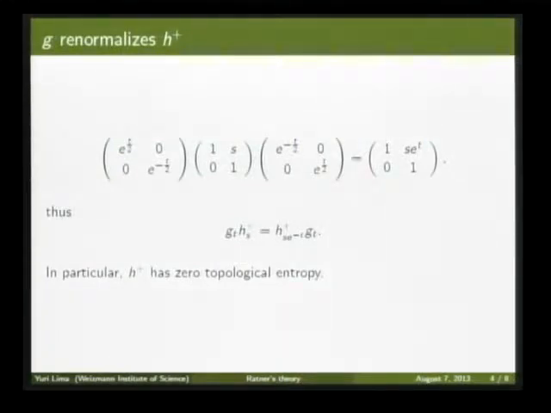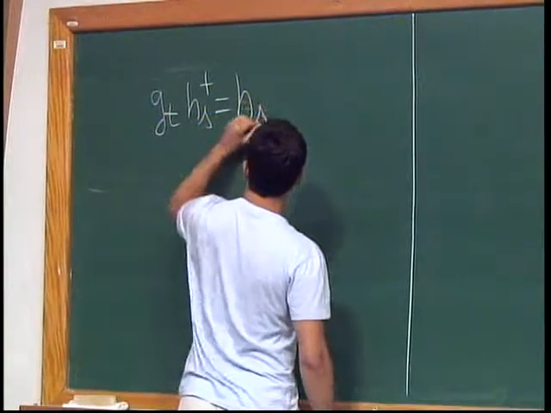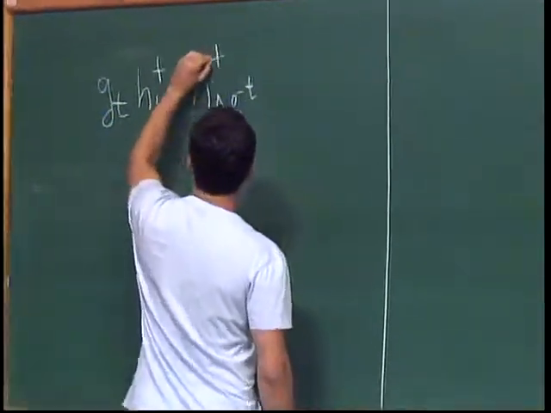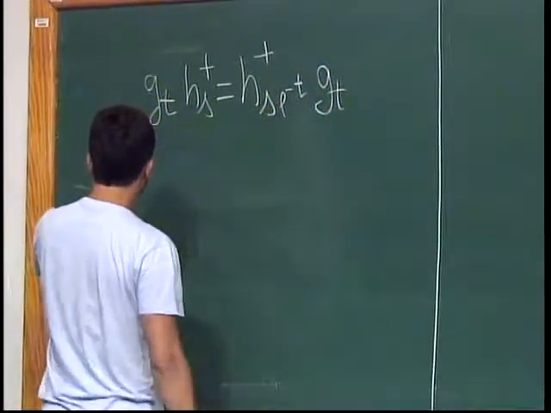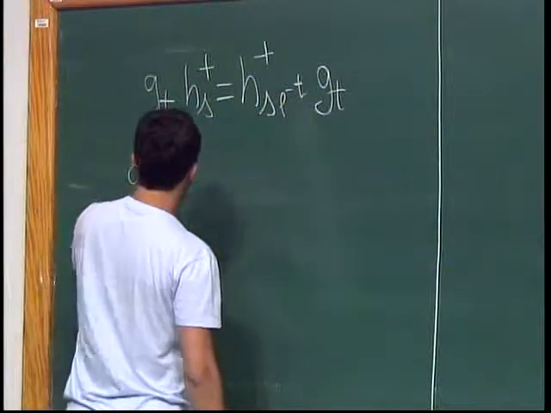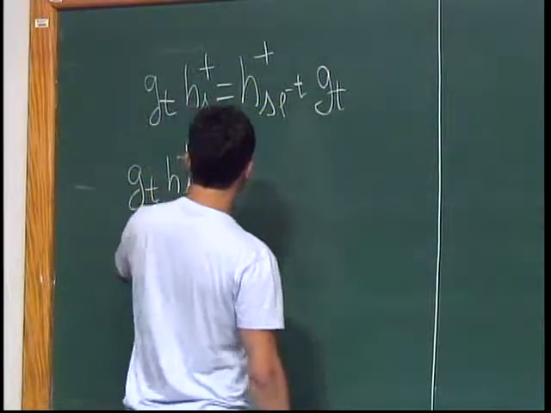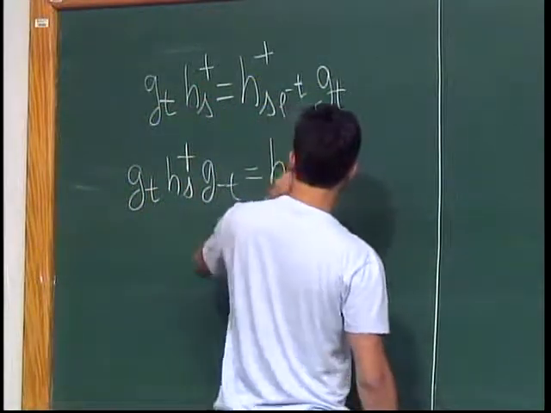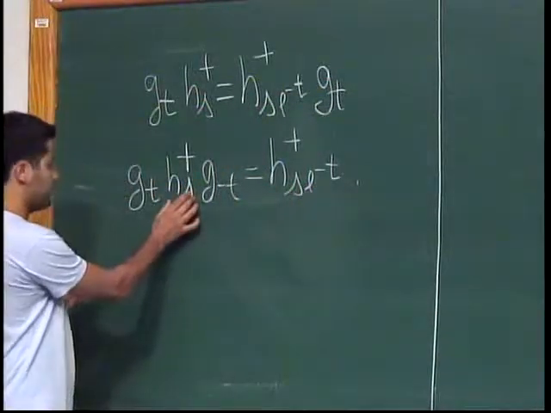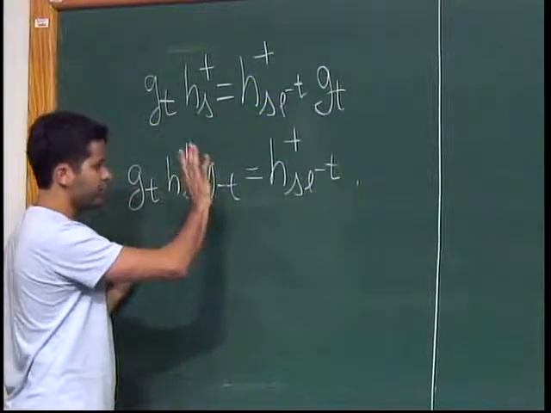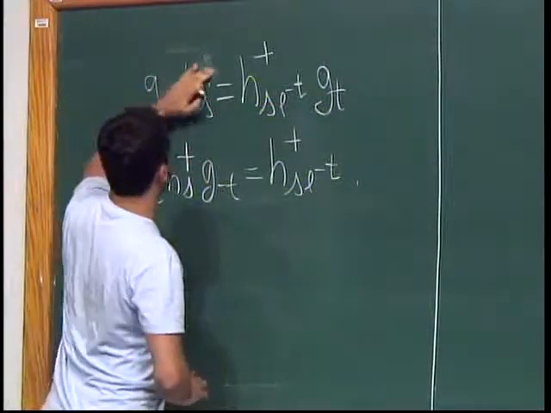Okay. So what we have is that g_t H_s plus equals H_{s e^{-t}} plus g_t. If I multiply by g_{-t} on the right here, it gives me that g_t H_s plus g_{-t} is equal to H_{s e^{-t}} plus. So H_s plus, and I'm going to skip the plus from now on, okay?